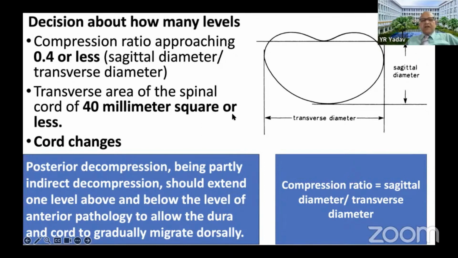So if there are exactly 3 levels of compression, you require decompression of 5 levels, 1 level above and 1 level below, because the cord requires some space to shift posteriorly. One should take that into account.